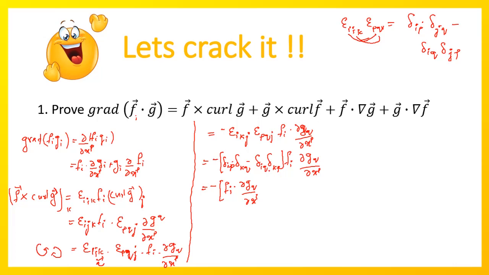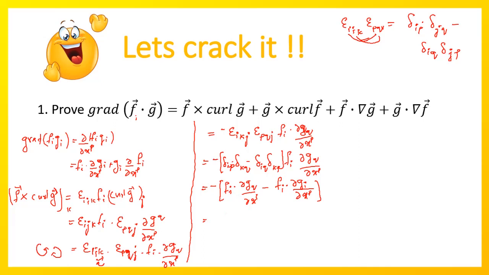Similarly, using the second term, I and Q can be identified. Therefore, the term becomes fi into ∂gi divided by ∂xp.